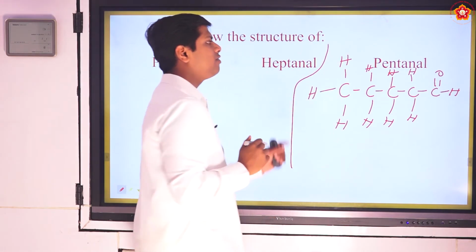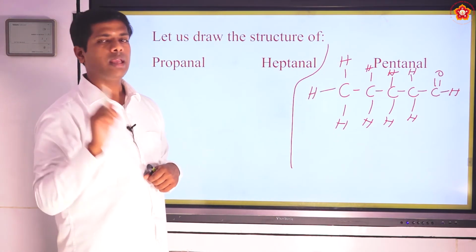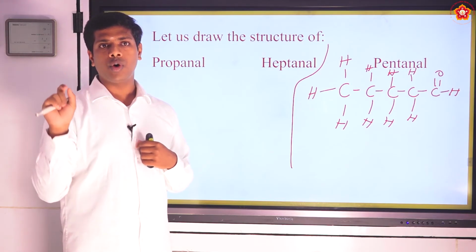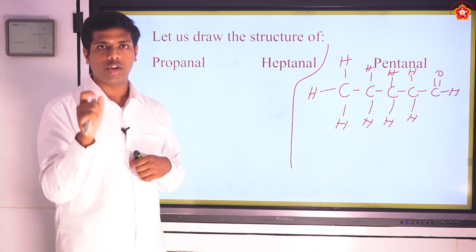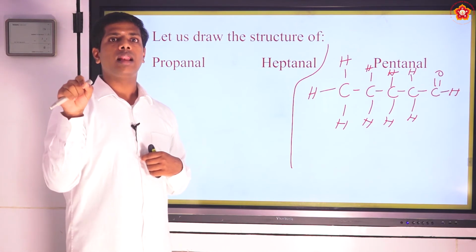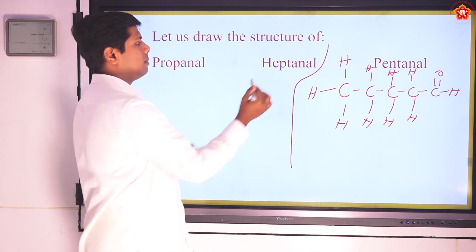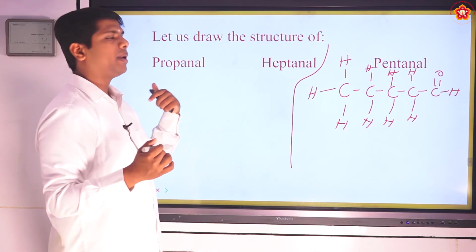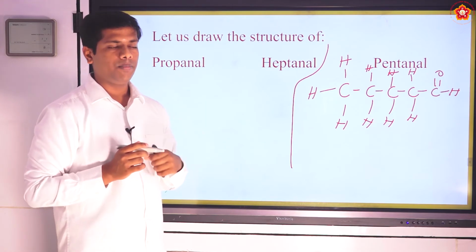This is the structure of pentanal. In aldehydes, you have to remember the general formula: RCHO, where CHO is the functional group. The suffix always ends with -al: pentanal, heptanal, propanal.